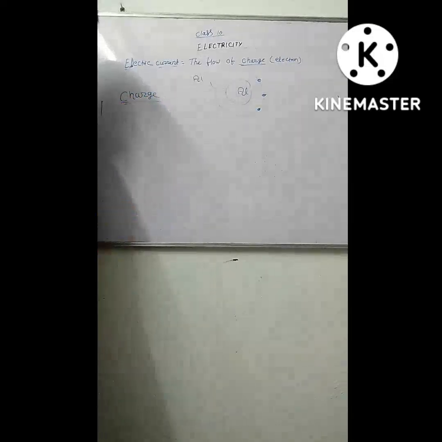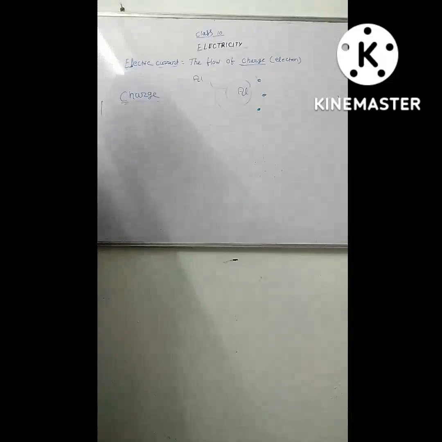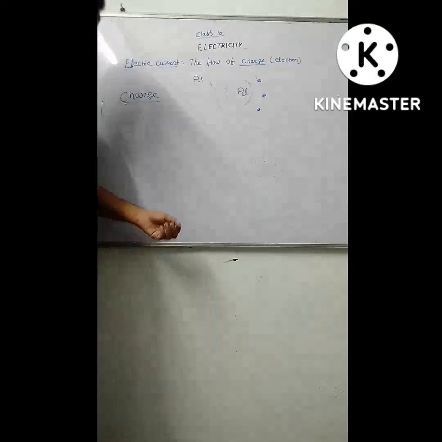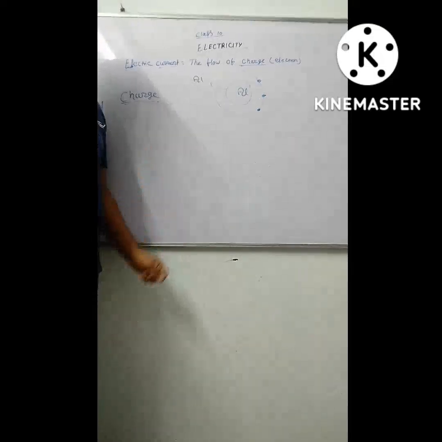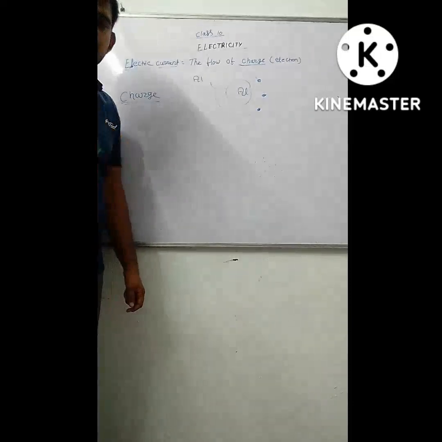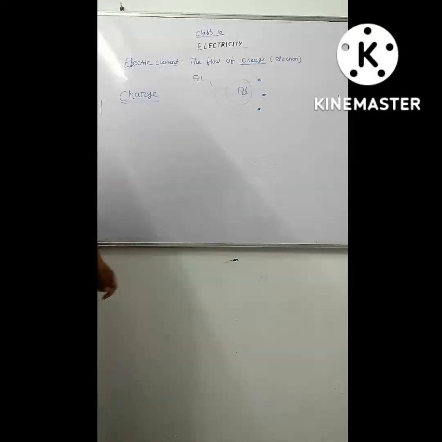We can say charge is a fundamental property of matter. Just like mass, as every element or compound or every particle present in the universe has some mass, in the same way every particle present in this universe also has some charge.